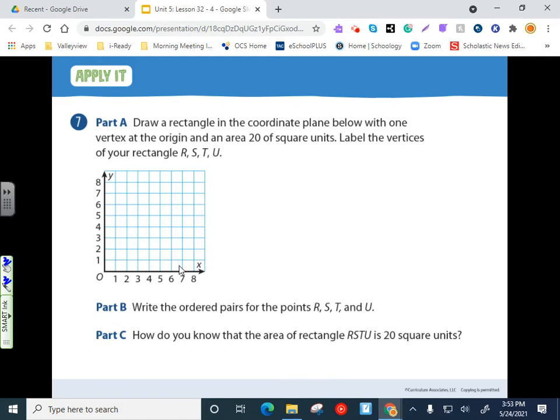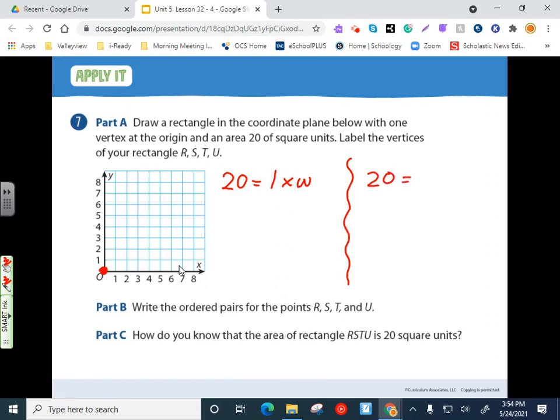Part A, draw a rectangle in the coordinate plane below with one vertex at the origin and an area of 20 square units. So for 1, we know 1 point will be here at 0, 0. That's our origin. But we've got a couple different options as far as the area. The area can equal 20.